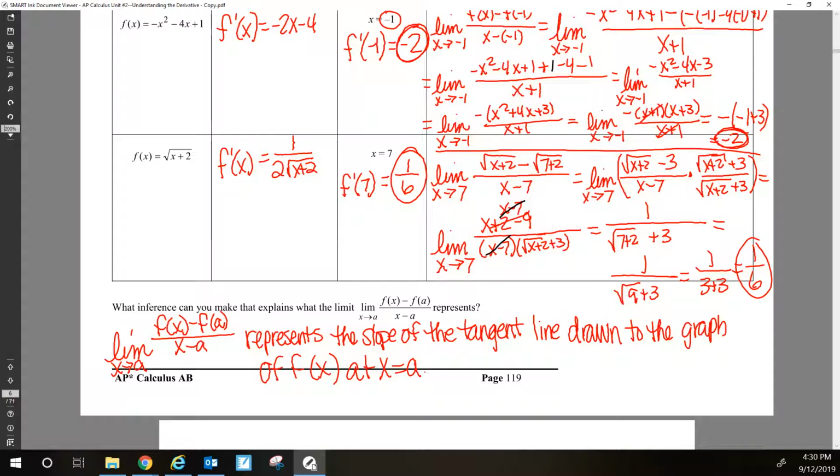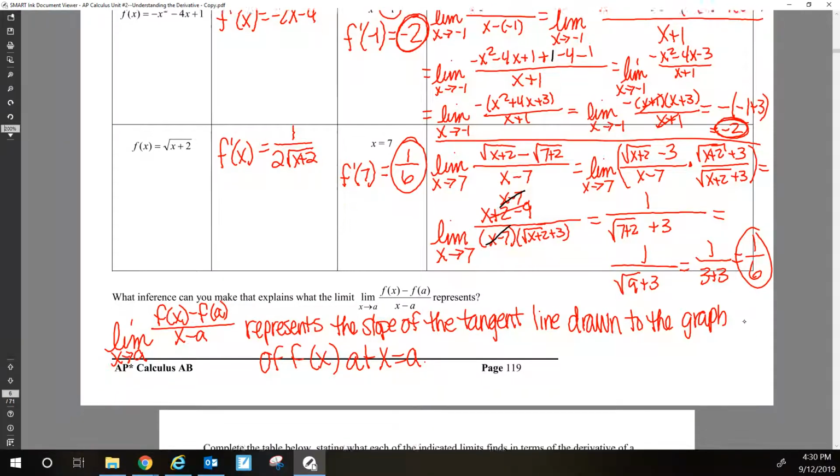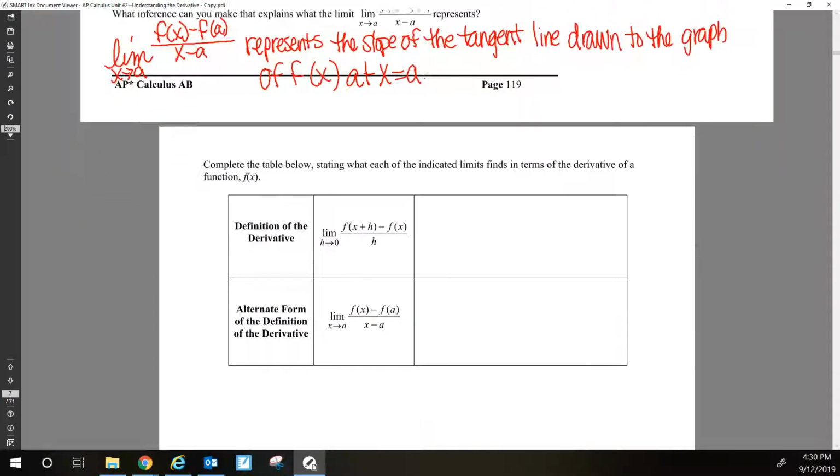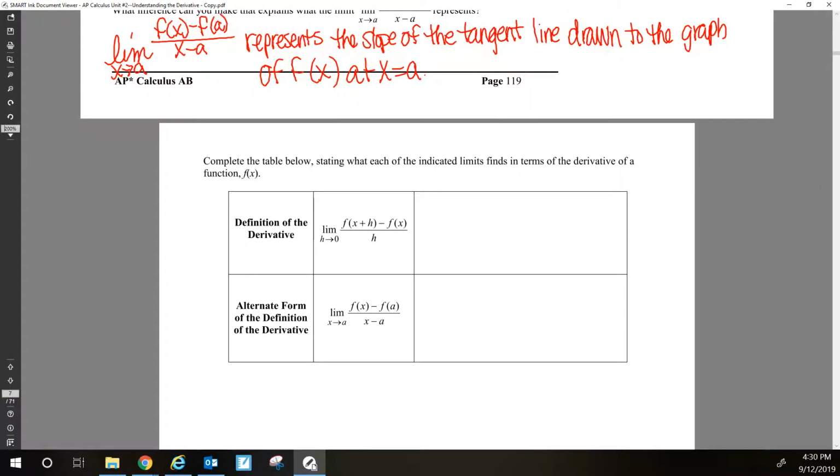So what we've explored today is we've got two different definitions, right? One is when h goes to 0, where we're making these 2 points get closer and closer to each other. And we said that that guy produces a function. What is our symbol that we use for this guy? f prime of x, right? That's our derivative at x.